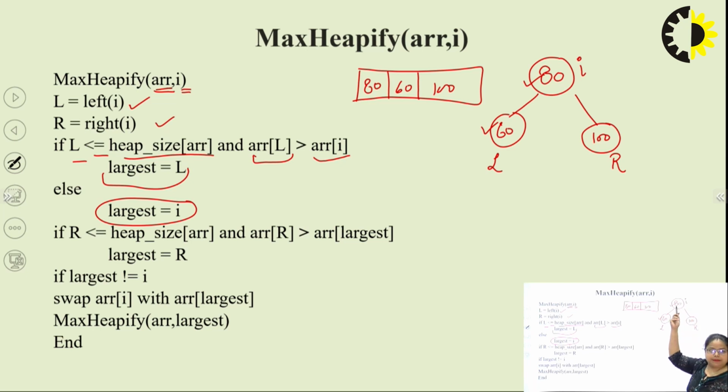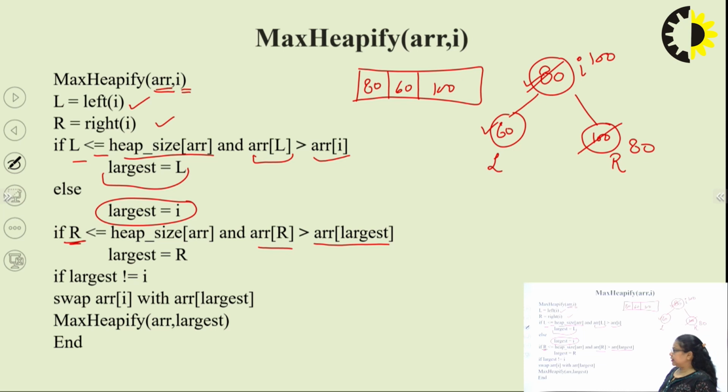We will not do the swapping, and 80 will remain as the largest element. Fine. Now after that we will check from the R side. R side means we have to check on the right hand side. On the right hand side we have to check if A of R is greater than A of largest. True. Then largest becomes R. So in this case this becomes 80 and this becomes 100.